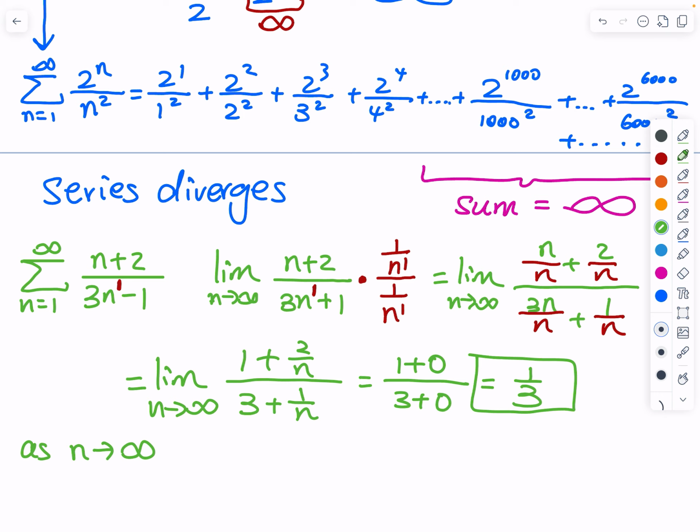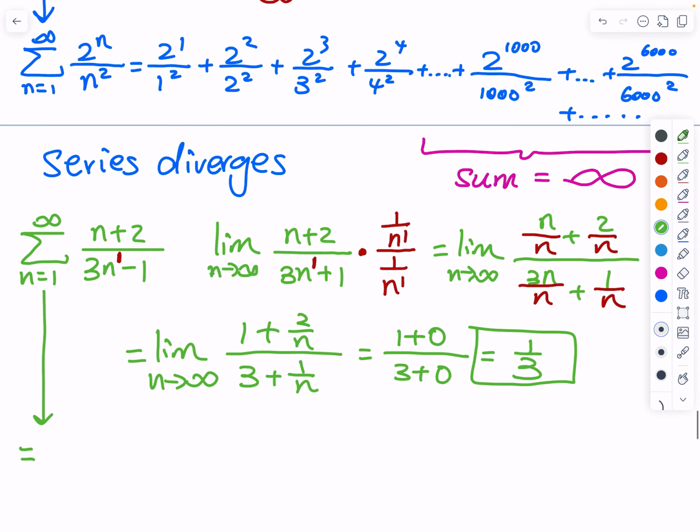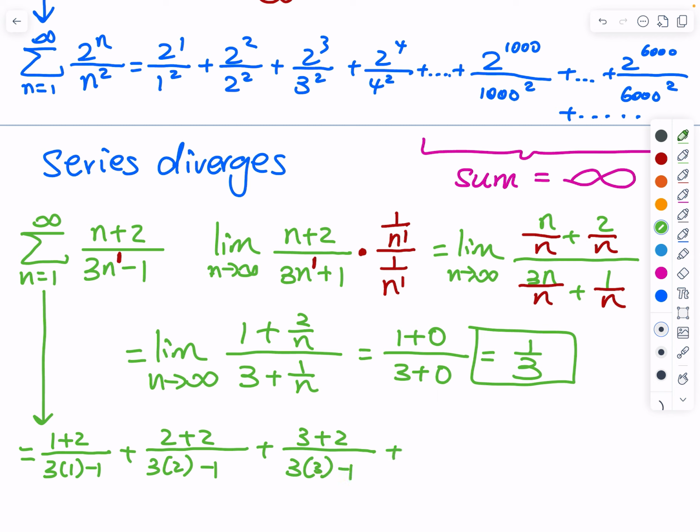So those terms are very close to 1/3. Actually, let me bring this down and start plugging in numbers: 1 plus 2 divided by 3 times 1 minus 1, plus 2 plus 2 divided by 3 times 2 minus 1, plus 3 plus 2 divided by 3 times 3 minus 1, and you keep on going.